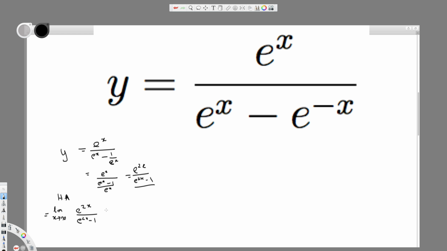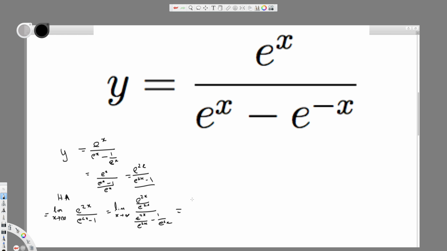Since we have infinity here, we have to divide everything by the highest power, which is e^2x. So the limit as x approaches infinity of e^2x divided by e^2x, over e^2x minus 1 over e^2x.